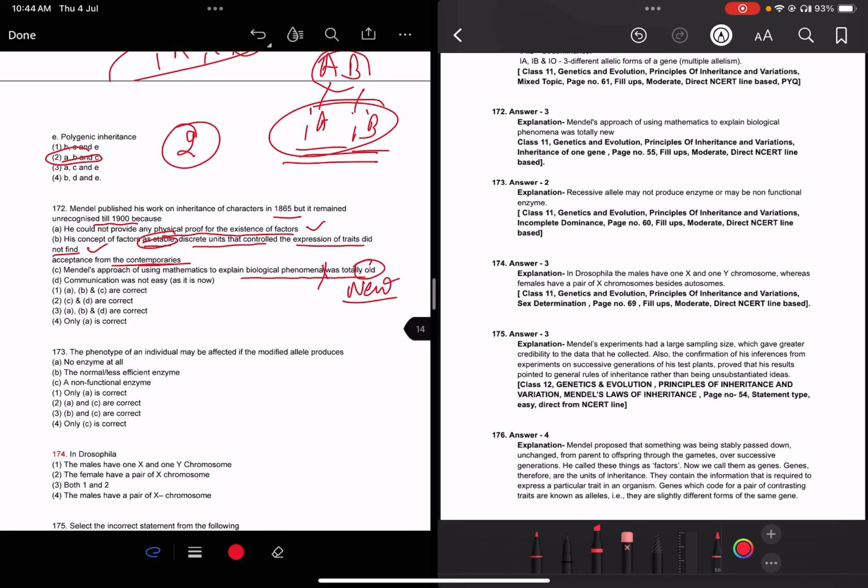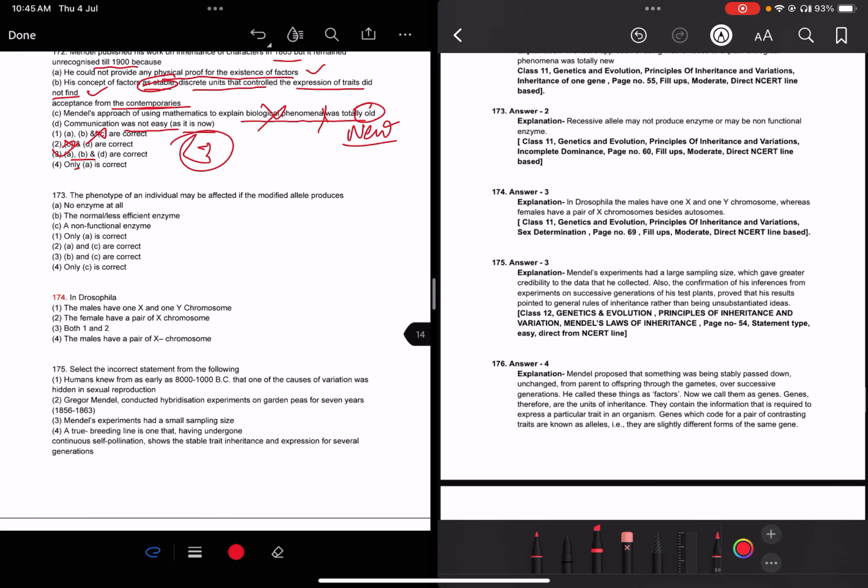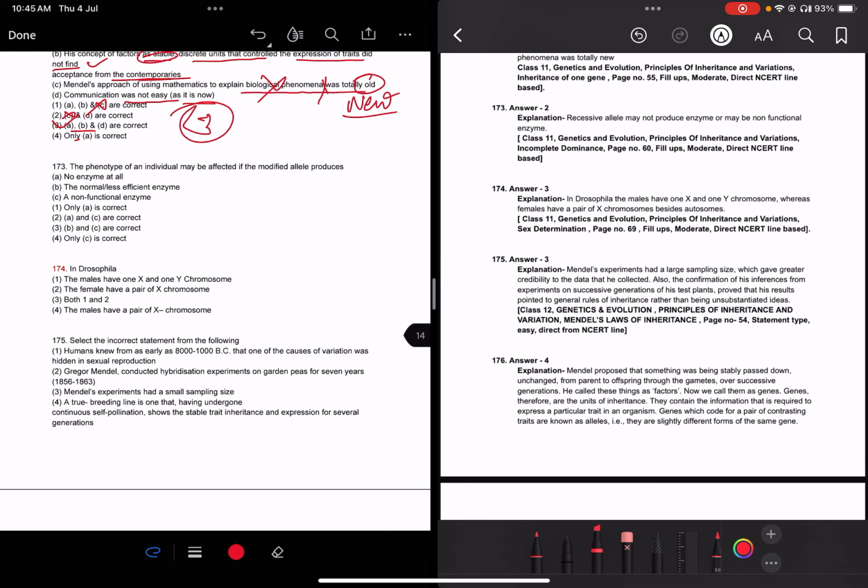No scientist knew of this mathematics and biology. So C is wrong. Only A, B and D are correct. Communication was not as easy as now. There was no social media, no Instagram, no Facebook, no WhatsApp. So how could they communicate? This was a problem at that time.